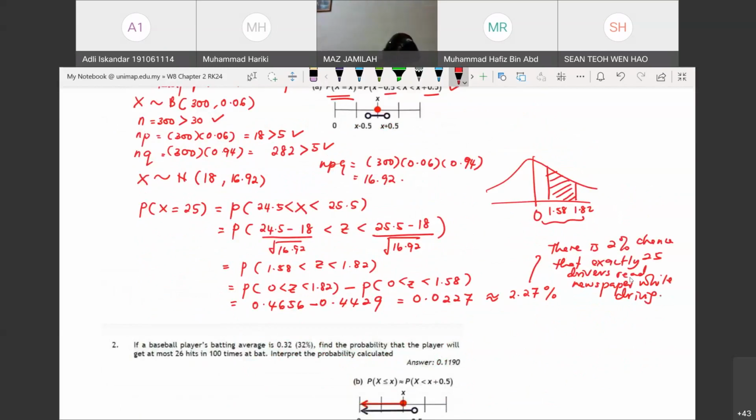Okay, so you can say that way. So it is less likely that this event will occur. Exactly 25 will be less likely to occur.